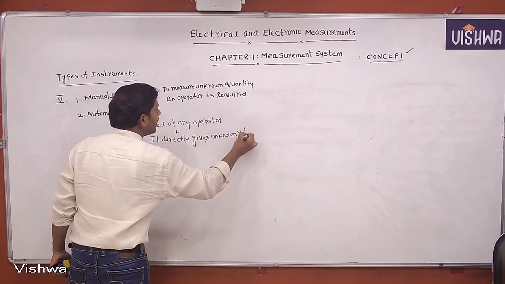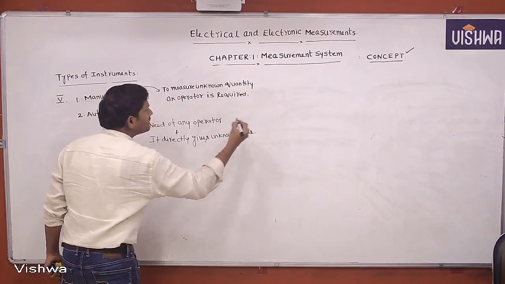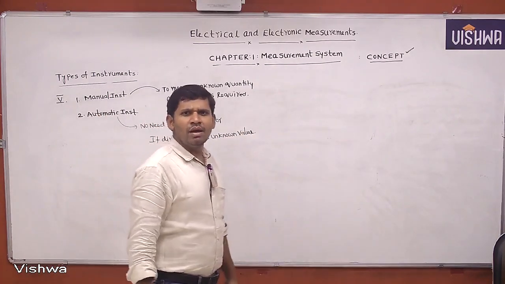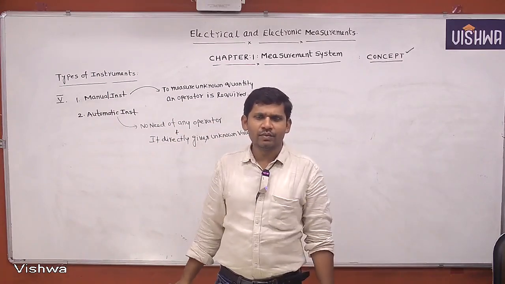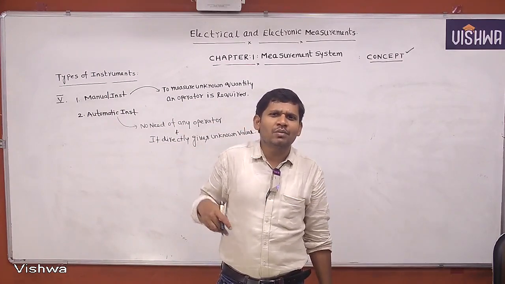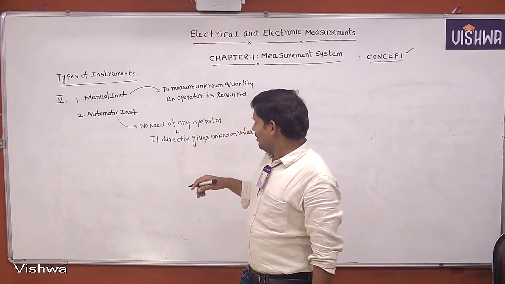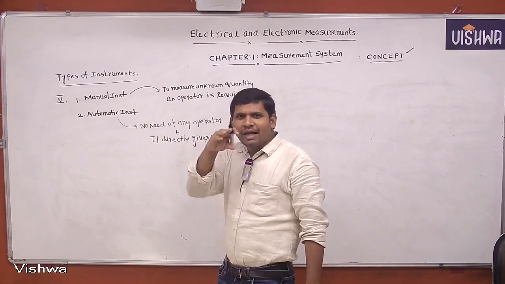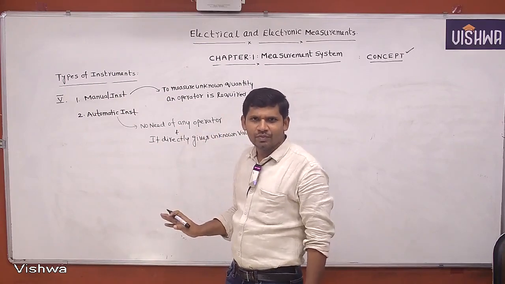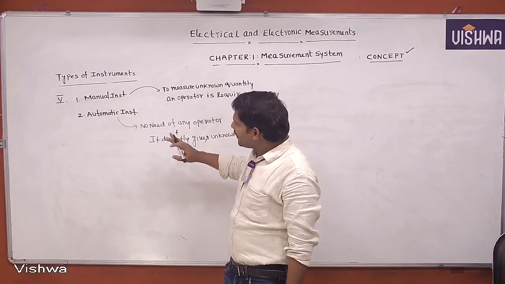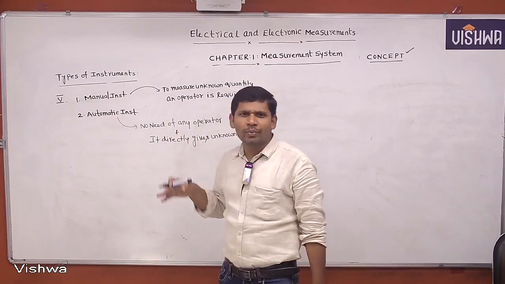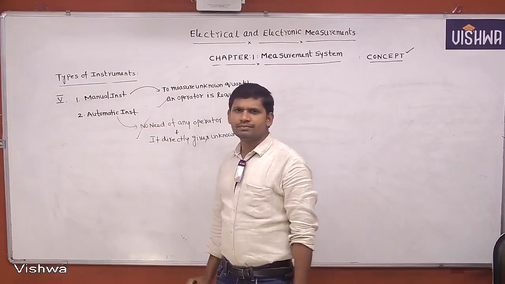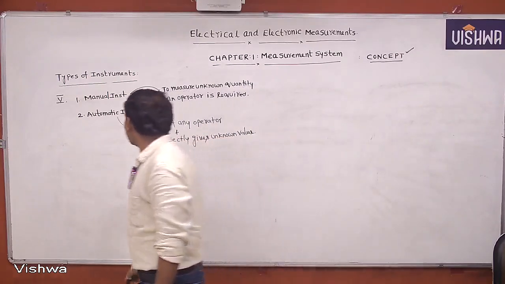That is nothing but automatic instrument. The example is measurement of temperature by using mercury glass thermometer. Whatever the temperature we measure, no need of operator, directly it gives the temperature value. Understood? Okay, that is the difference between manual instruments and automatic instruments. Here operator is required. Here no need of any operator. Okay, that is the fifth classification.